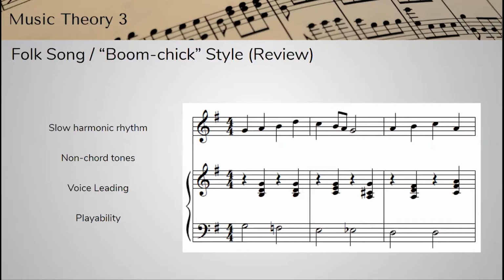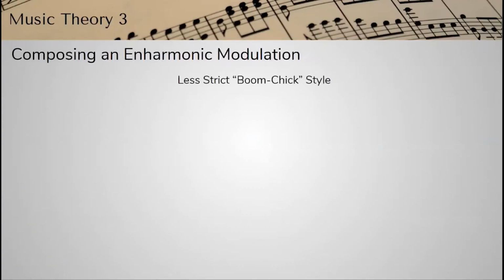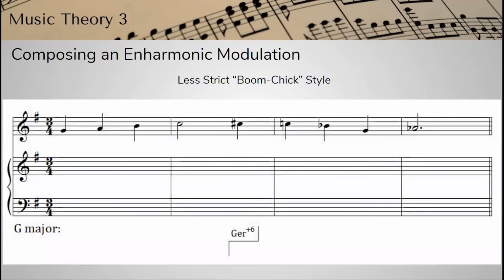But if we have something like 3/4, like this melody here, which we're going to harmonize, the rhythm in 3/4 should go strong, weak, weak, strong, weak, weak. So the texture in 3/4 should reflect that meter. And so the ideal texture that adapts boom chick would be boom chick chick, boom chick chick.